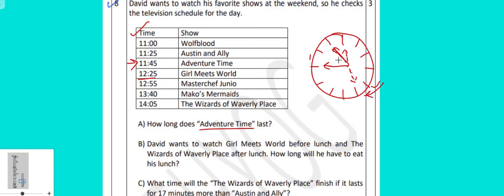So yes, we need to calculate the time difference. If this is 5 minutes, then this will be another 5 minutes. So 5 plus 5 gives us 10, plus 5 is 15, plus 5 is 20, plus 5 is 25, plus 5 is 30, plus 5 is 35, and here at 25 we have our 40 minutes.